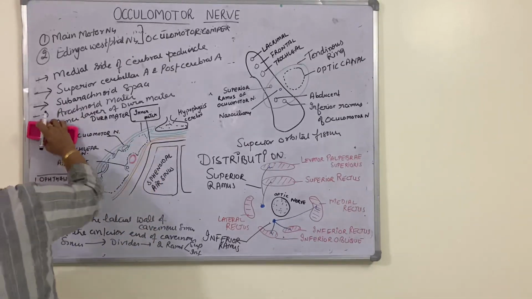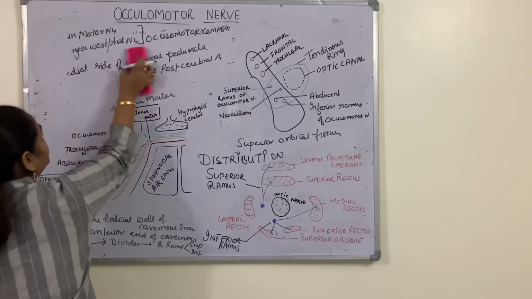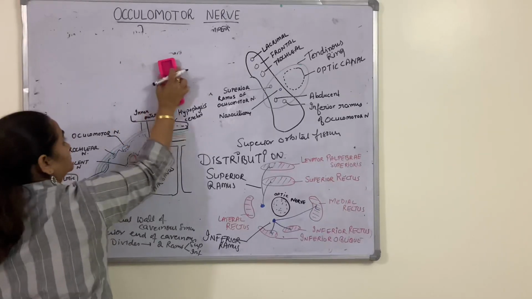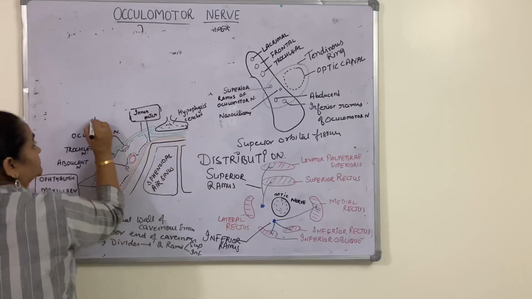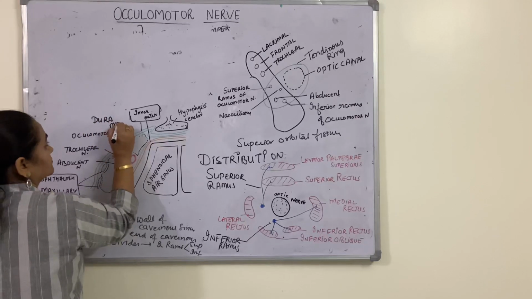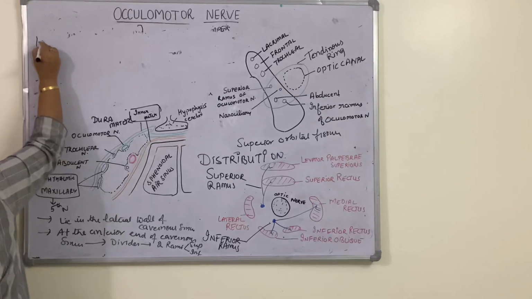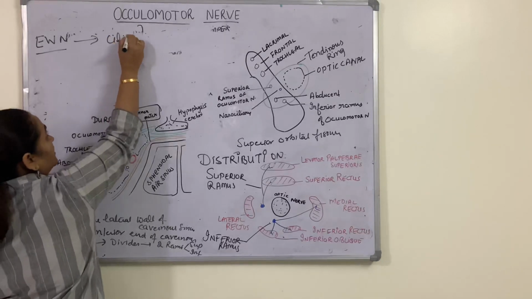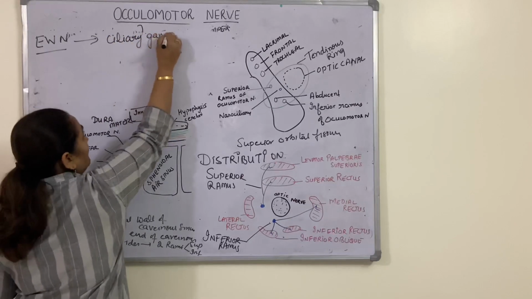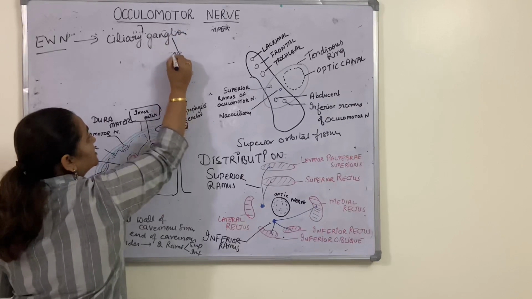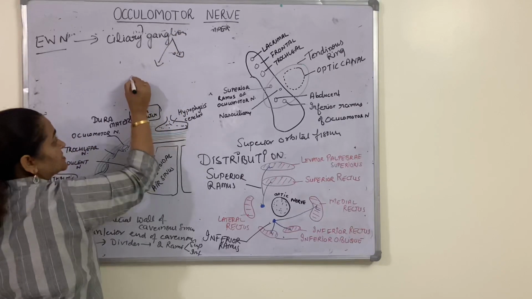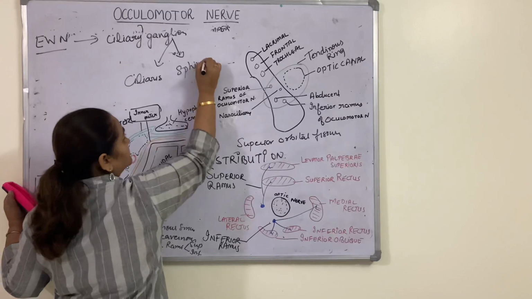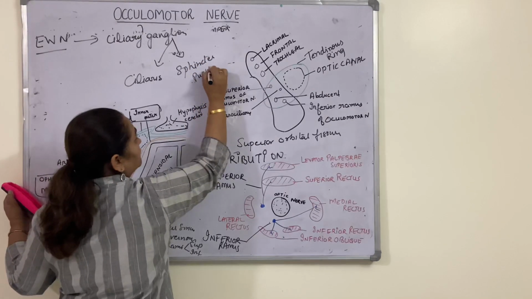Now the fibers which are coming from the Edinger-Westphal nucleus, they just pass to the ciliary ganglion, and after the relay in the ciliary ganglion, they supply the two muscles, that is ciliaris and sphincter pupillae. So this is the fate of this nerve.